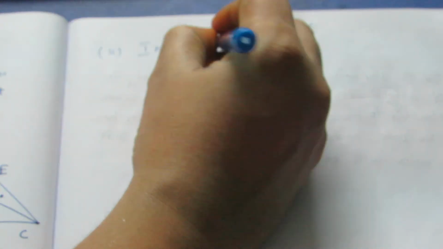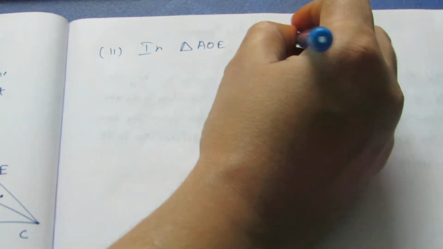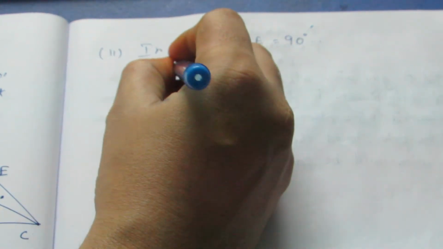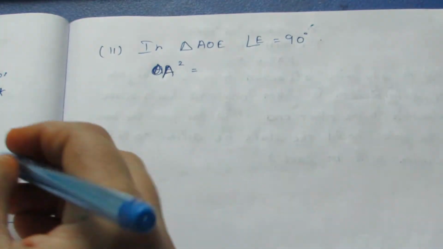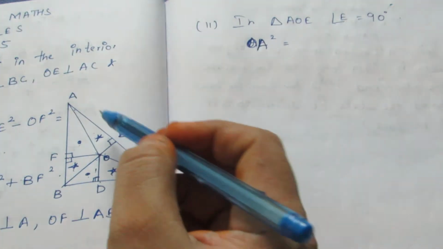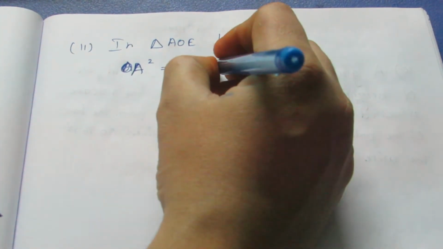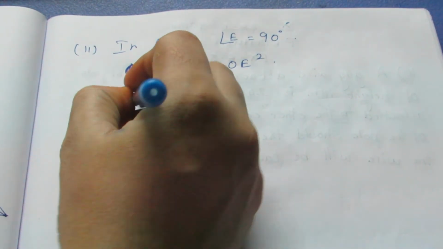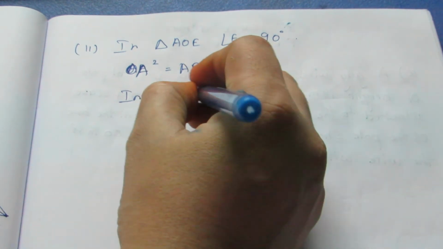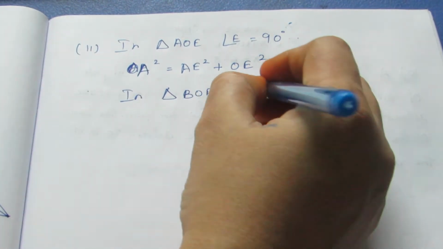Now let's see the second subdivision. In triangle AOE, angle E is equal to 90 degrees. So by Pythagoras we can write OA square equal to, this is the hypotenuse here, so OA square equal to AE square plus OE square. In triangle BOF, angle F is equal to 90 degrees.